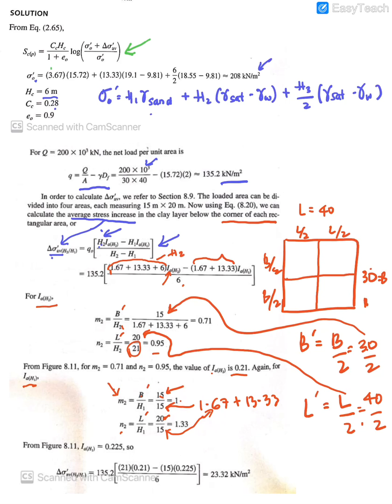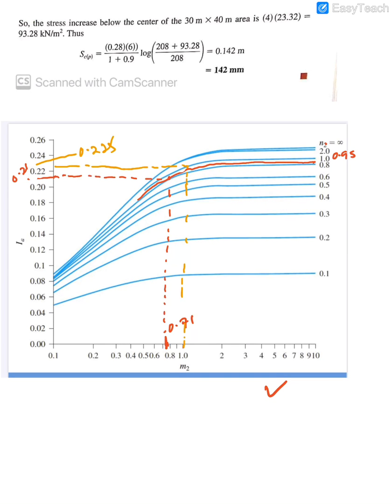So now you have the value IAH1. So you substitute the value into this equation, the average stress increase. So you get the value 23.32 kilonewton per meter square. And then the last one, the stress increase below the center.